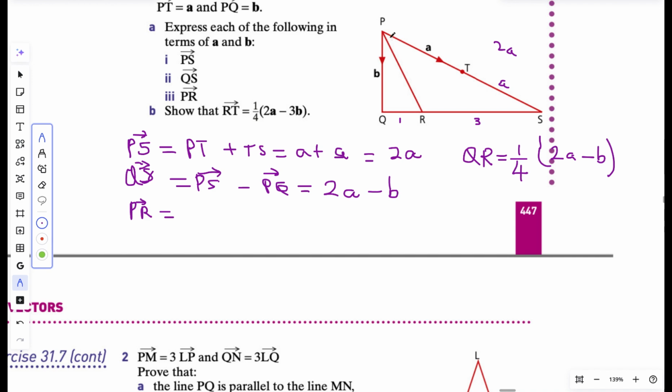Now we have PR is equal to PQ plus QR. Remember, our QR is 1/4 of 2A minus B. Our PQ is just B. So we say B plus 1/4 of 2A minus B.